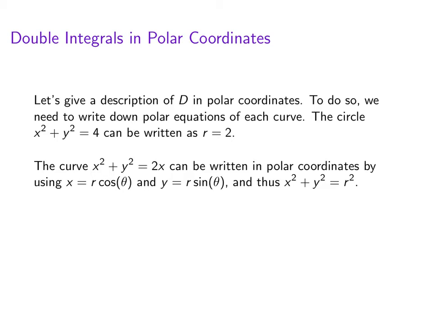And of course, we also know that x squared plus y squared is equal to r squared. So, to transform this equation, we end up with r equals 2 cosine theta.